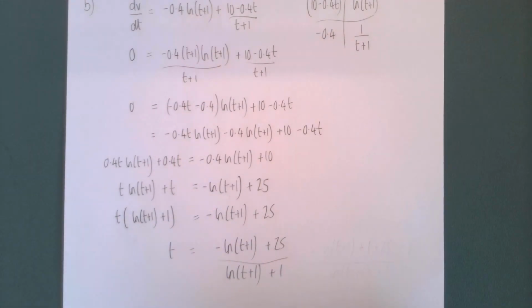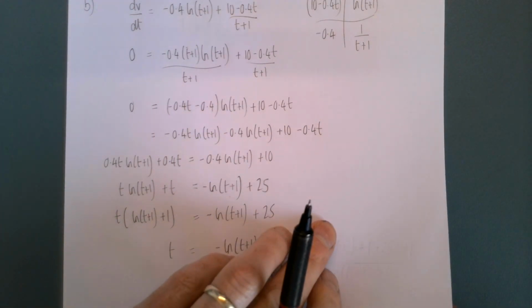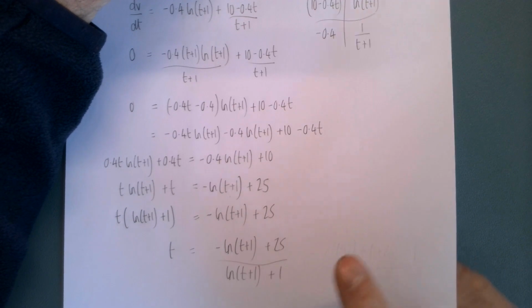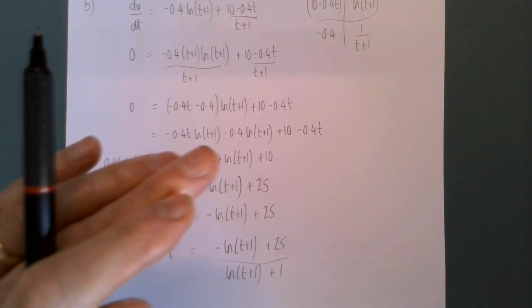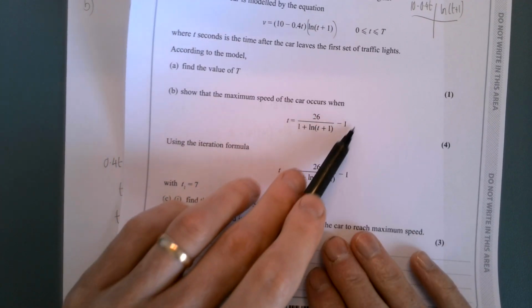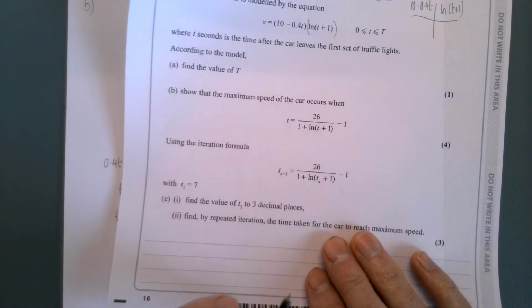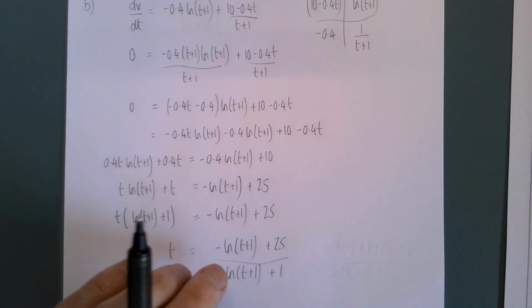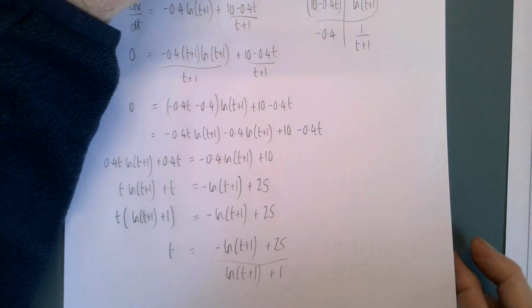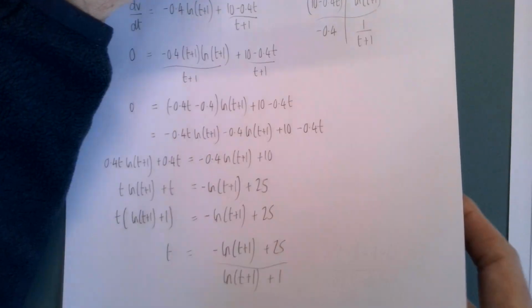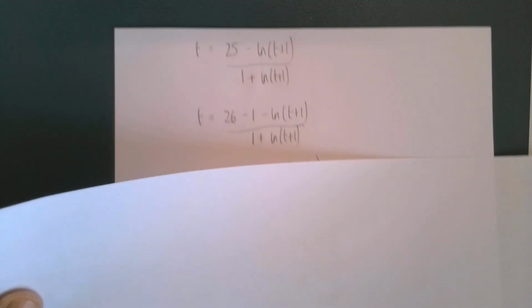It's one of those things that's really good that it's cropped up, because I don't think we've covered it in class, and it's a good one to go through. So this is my starting point, and this is my finishing point. That's what I need to get to. There's nothing wrong here. So far, everything we've done is correct. We've just got a little bit of algebra to do.